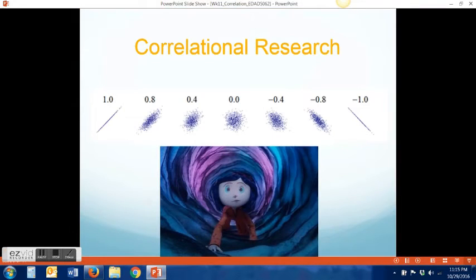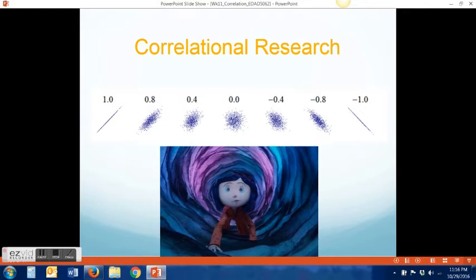So correlational research measures two variables to see their relationship. And what you see here is what we call a scatter plot of different correlational analyses. The first one is a perfect correlation, the one in the middle is no relationship, and the one on the right is a perfect negative correlation.